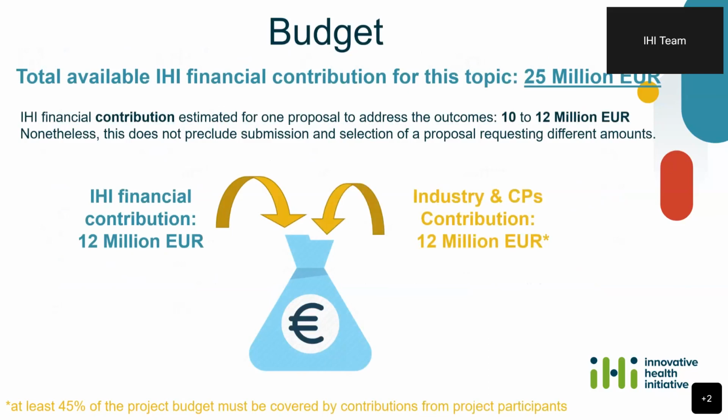We have here made a 50-50% share, just to simplify the example, but you should know, as written at the bottom of the slide, that at least 45% of the project budget must be covered by the contribution from project participants. In this case, to make it simpler, we've chosen 50-50, which makes a project total budget of 24 million euros.